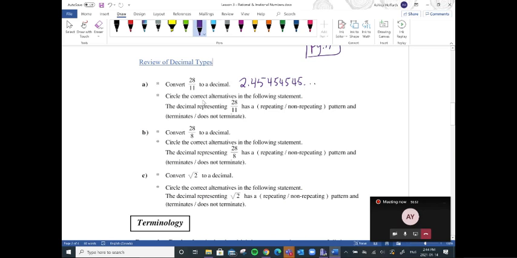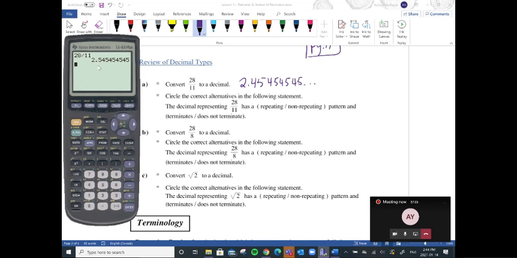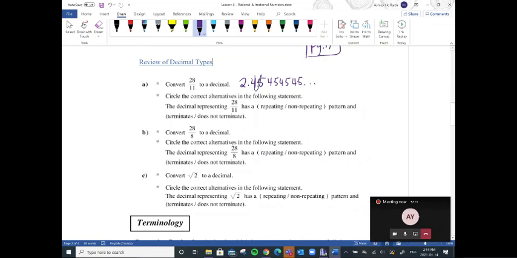So it says circle the correct alternatives in the following statement. The decimal representing 28 divided by 11 has a repeating or non-repeating pattern. That's pretty easy to figure out. When I look at my number here, and if I bring it back on the calculator as well, oops, I wrote it down wrong. Sorry guys, it should be 5, 4.